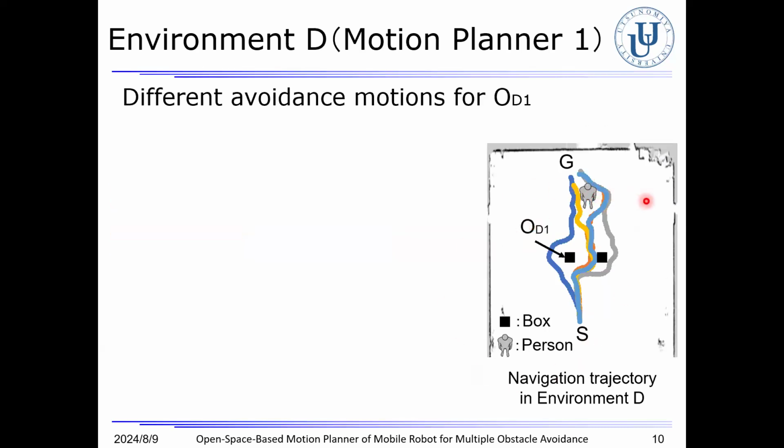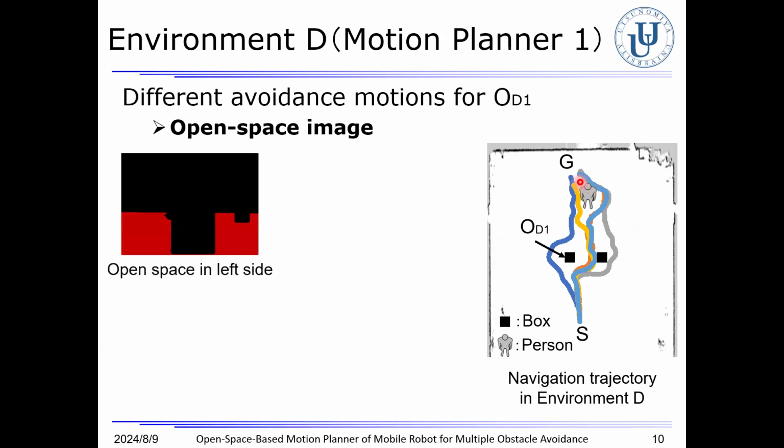And this is the navigation trajectory in environment D, motion planner 1. The navigation trajectories varied in each trial. In some cases, the robot avoided the box obstacle OD1 by moving both to the right and to the left. In order to examine the different avoidance motions, we compare 2 open space images.